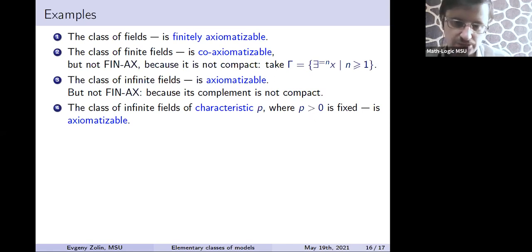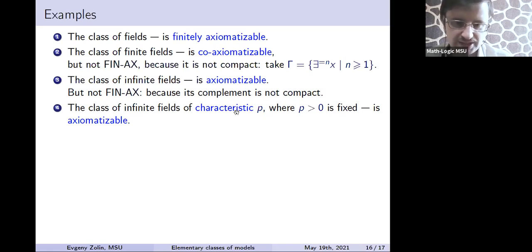Remember that the characteristic of a field is the minimal number P, such that 1 plus 1 plus 1, P times, equals 0. If we don't have such a number P, then we say that the characteristic of a field is 0.